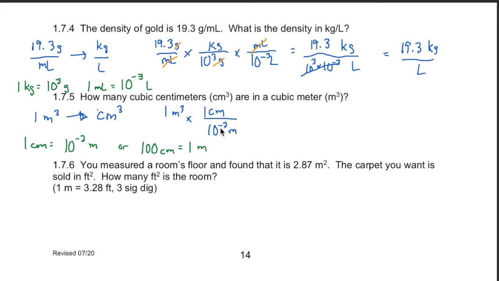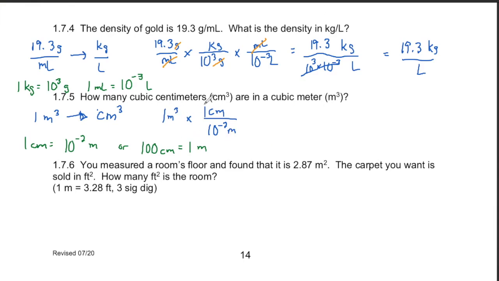So we have this conversion factor, 10 to the negative 2 meters on the bottom and centimeters on top. If we only used it once, we would only cancel one of the meters, and we would end up with meters squared centimeters over 10 to the negative 2. And so our units would not yet be cubic centimeters.